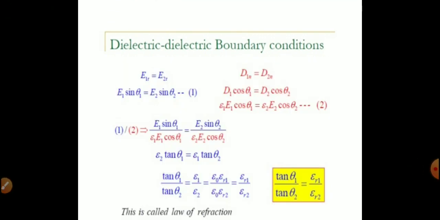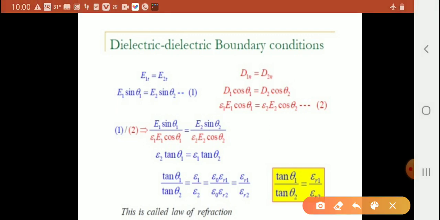Dielectric boundary conditions: E1t equals E2t, D1n equals D2n. So E1 sin theta1 equals E2 sin theta2, and D1 cos theta1 equals D2 cos theta2.